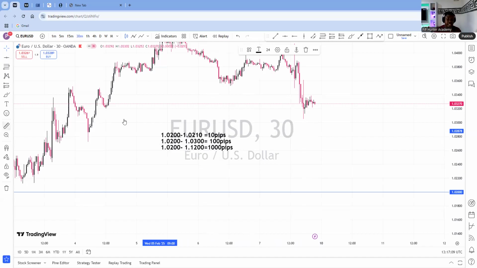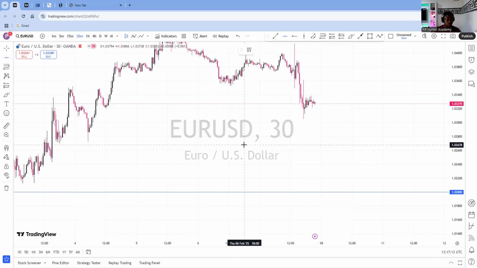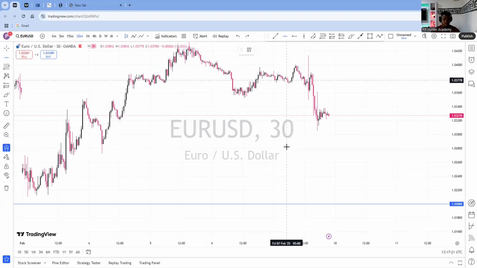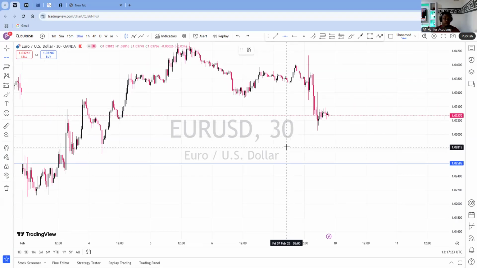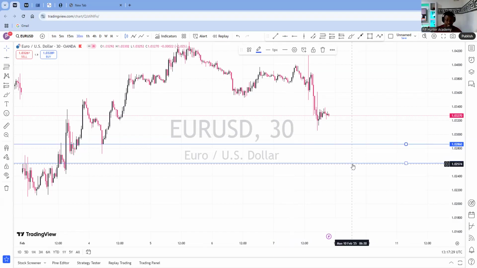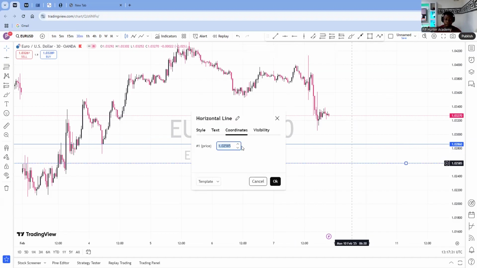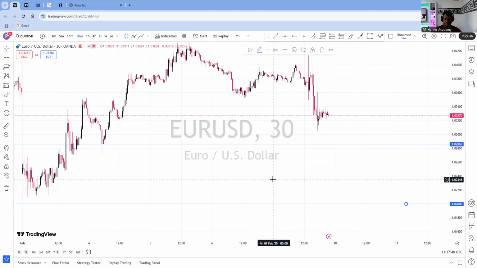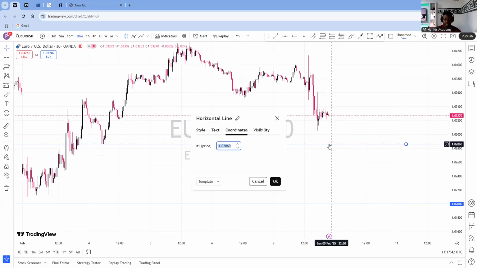So let's look at a critical example. Okay, no problem. I'm sure you guys understood. So let's check 1.0200 here and 1.0210.